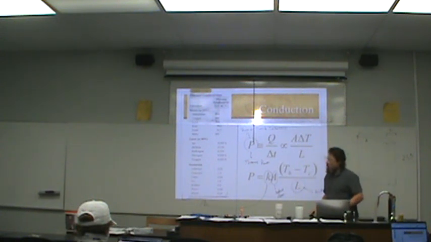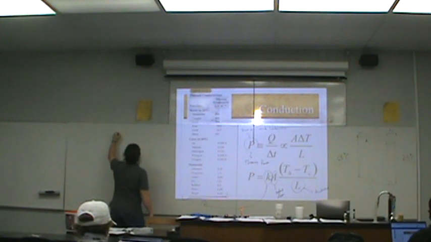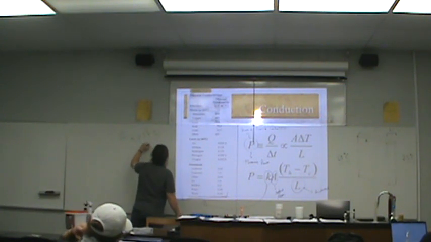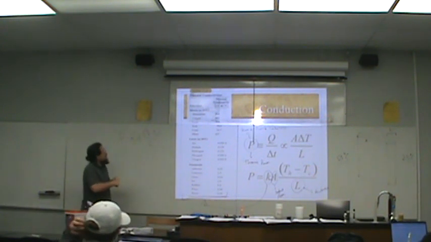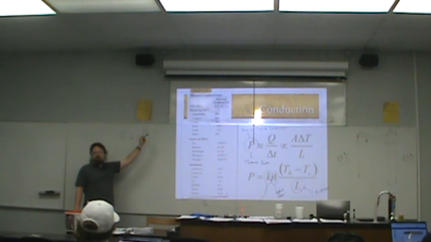Okay. I'm really quickly going to rewrite the formula over here because we're going to work an example and it's not written on the next slide. One footnote worth noting: because this is basically delta T, you can use Celsius here.